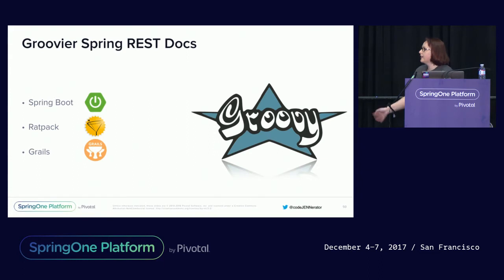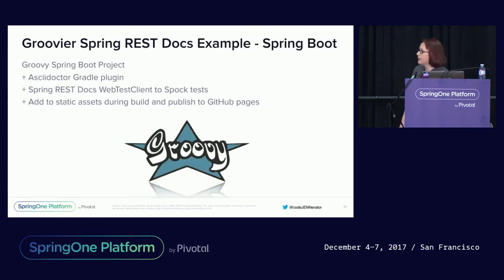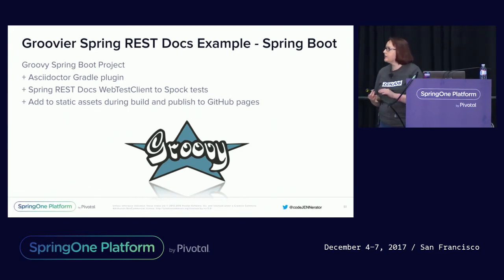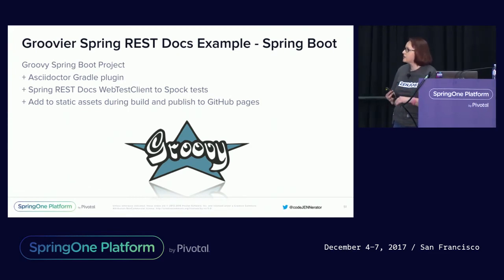Okay, but let's see some examples. I definitely like to make things a little groovier. I'm going to go through Spring Boot and probably not the Ratpack or Grails ones today. So I started with a basic Spring Boot project with Groovy and added the Asciidoctor Gradle plugin, some basic docs. Then I actually have updated this now.